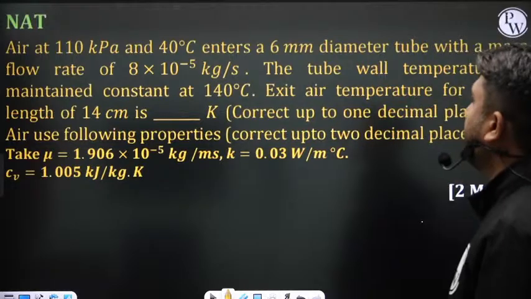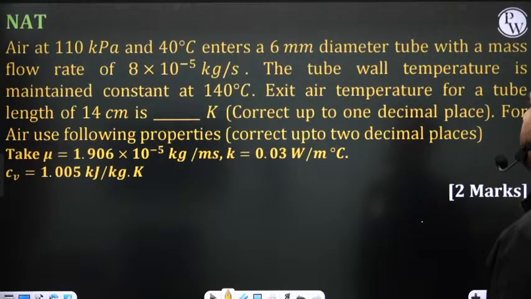Air at 110 kilopascal and 40 degrees Celsius enters a 6 mm diameter tube with a mass flow rate of 8 into 10 to the power minus 5 kg per second. The tube wall temperature is maintained constant at 140 degrees Celsius.